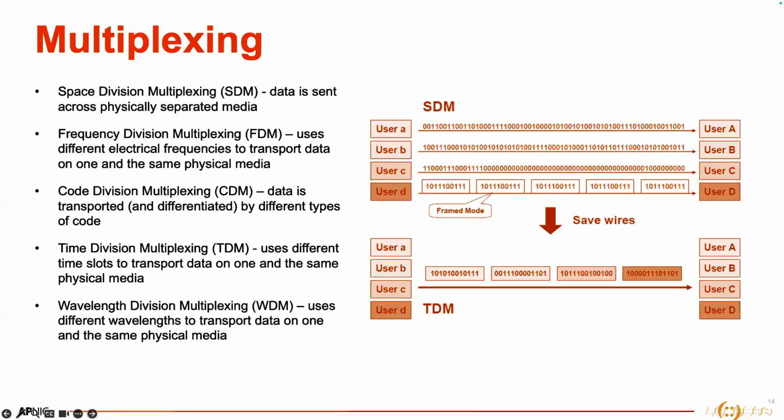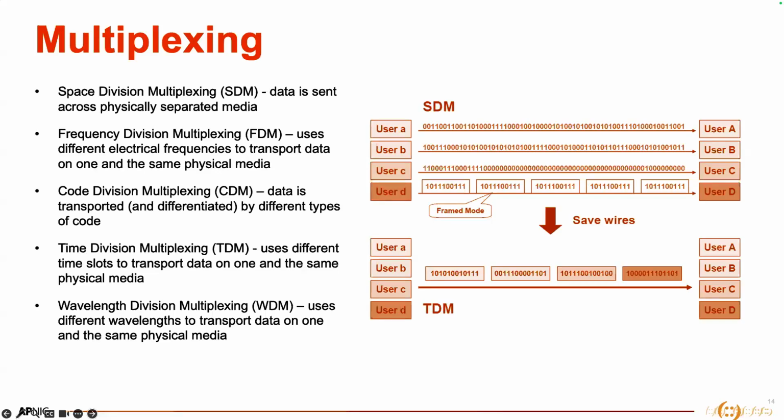But at the destination end, we will try to do the reverse process. We will try to break that one signal and achieve all the data for different destinations, right? So this is what we call demultiplexing.